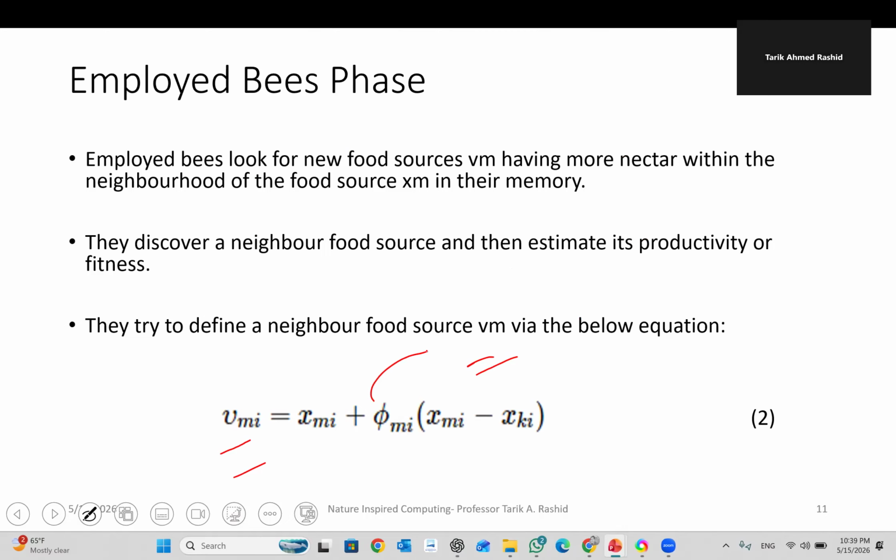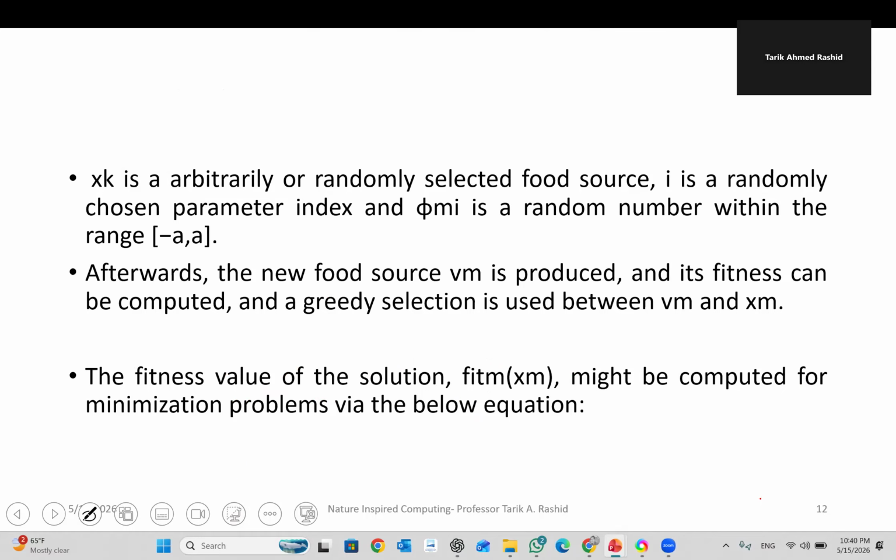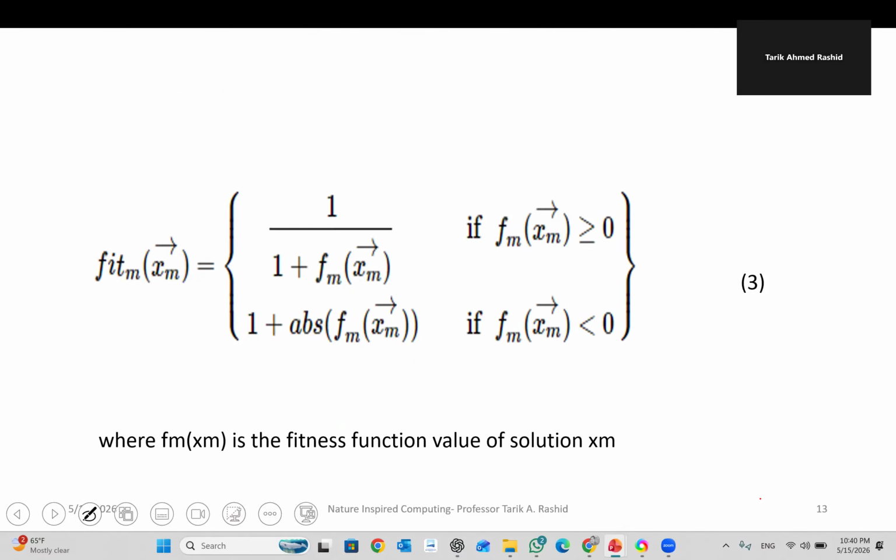The employed bees try to get a better food source, or discover a neighbor food source, and then estimate its productivity or fitness. This is equation 2, which will be used for that. There are some parameters; in the next video, we will give you a practical example so we will be able to understand how to implement this algorithm in a practical way.